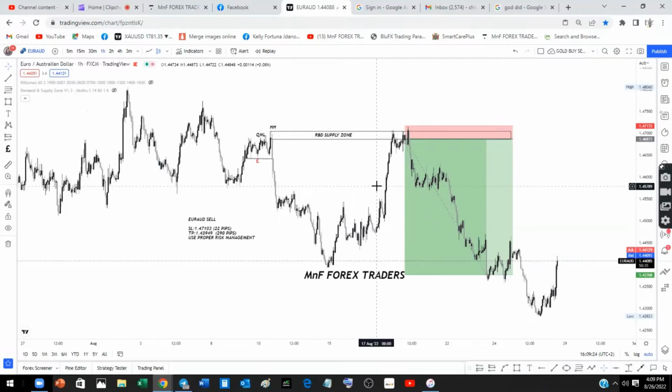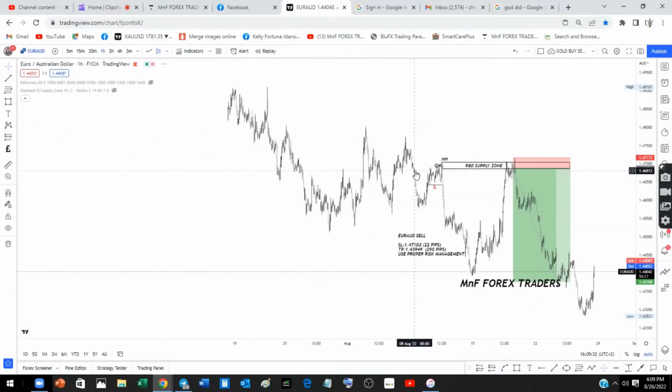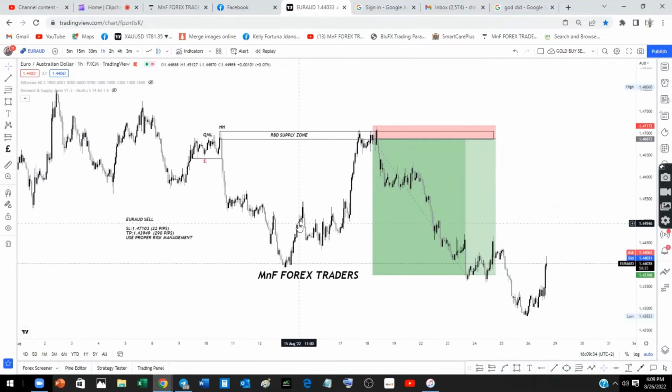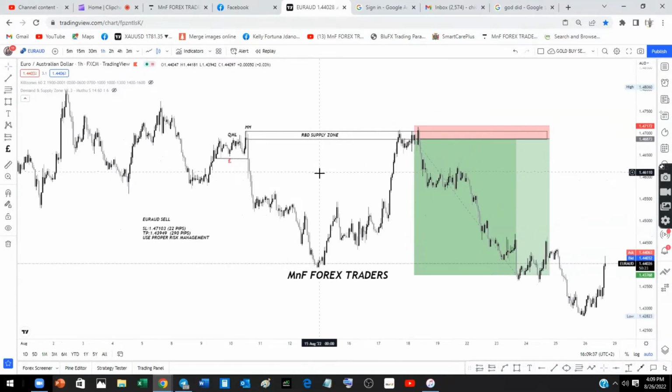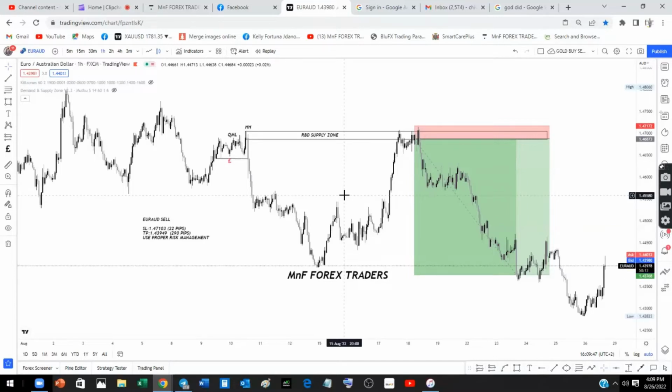I want you to actually cultivate that mindset that thinks in probability. This is not different at all. This is one of those exact same setups that you take, right? It's the same setup. So you need to have that mind that thinks in probability, and also knowing that anything can happen in the market.